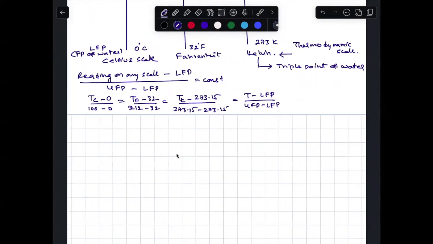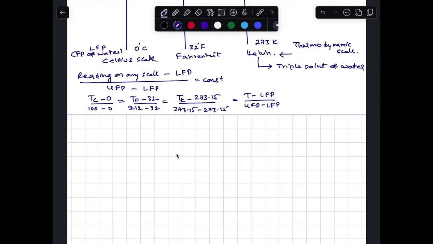So in a modern thermometer, you will use this technique with only one fixed point, whereas the old thermometers require two fixed points, lower fixed and upper fixed.